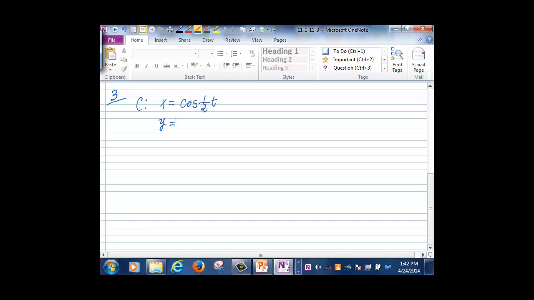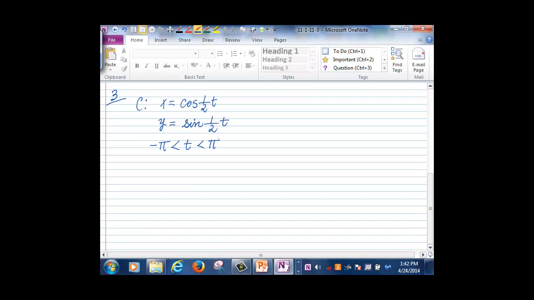I'm going to do that here, but then I'll also do it without switching x and y. Okay, so x is cosine half t, y is sine half t, and t is between negative pi and positive pi.